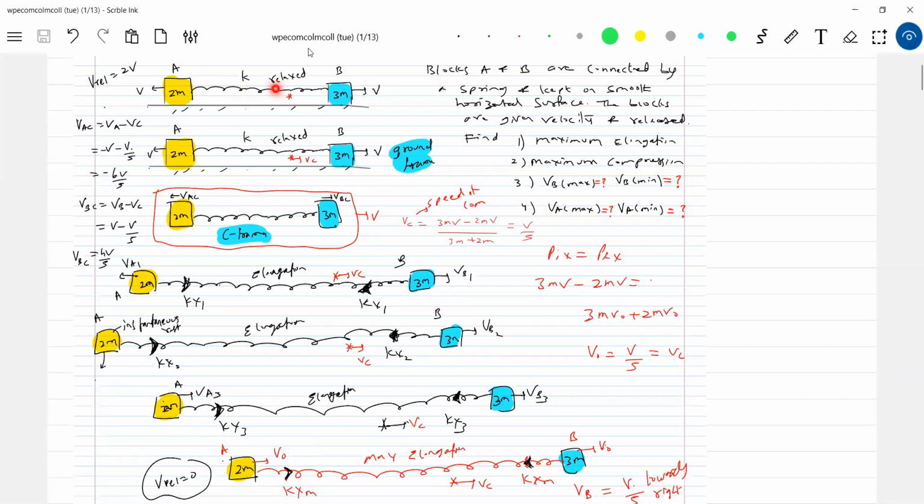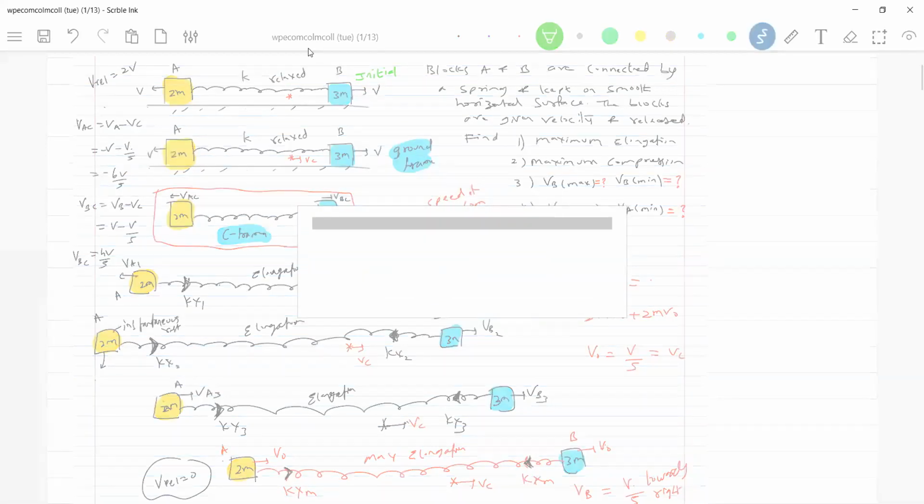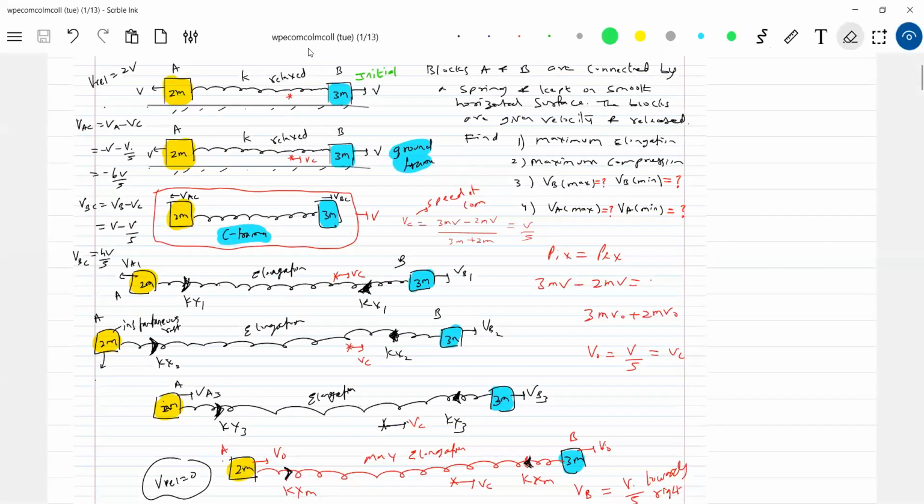Initially the spring is relaxed. They are given velocity V0, and so this is the initial state. Now, we'll start. So in the initial state only, what is the velocity of the center of mass?